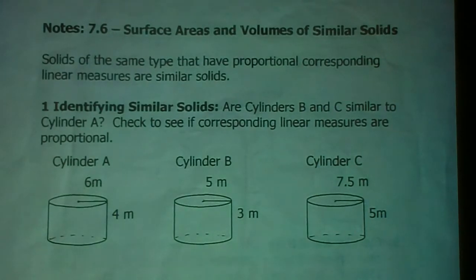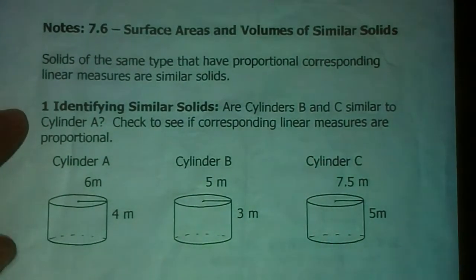Corresponding linear measures just means the straight lines that match up. Straight lines on a 3D shape could be radius, diameter, height, or slant height. So any straight line that corresponds to the other shape, that's what we're looking for.